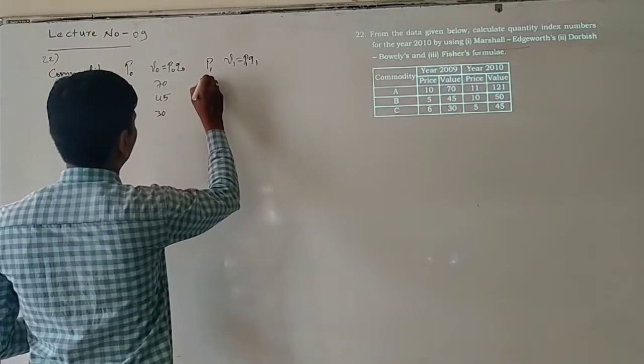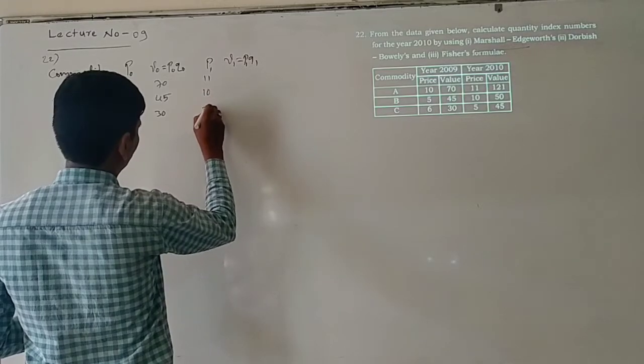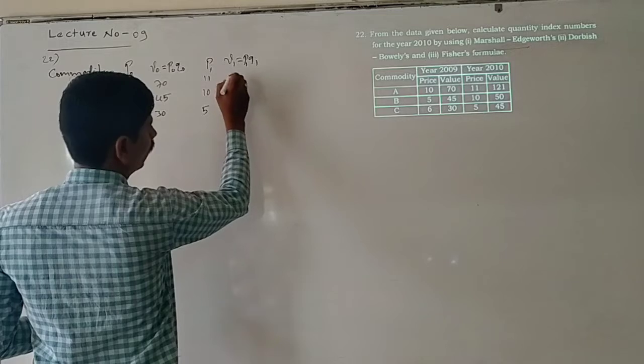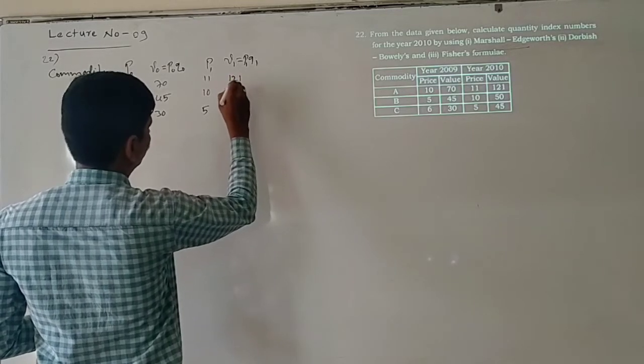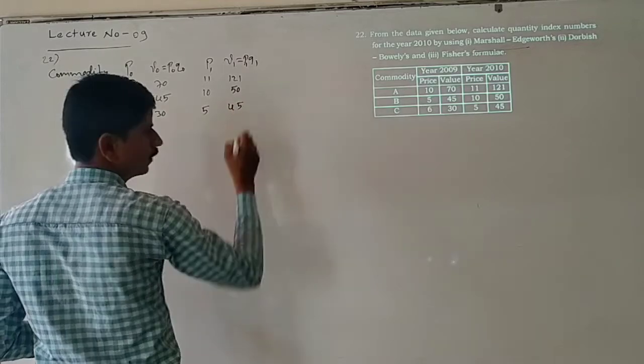Next P1: 11, 10, 5. V1, that is value: 121, 50 and 45.